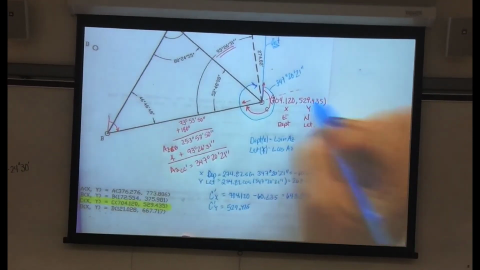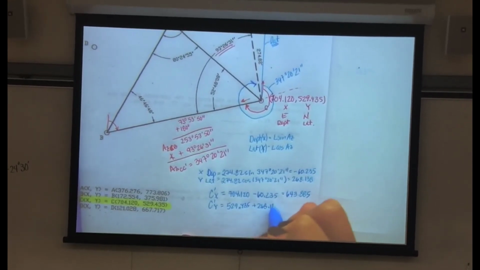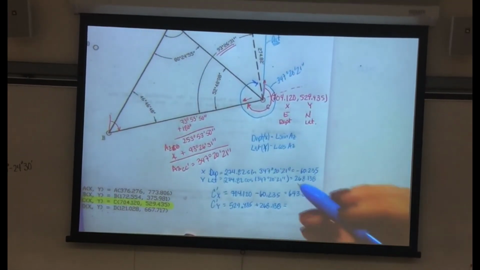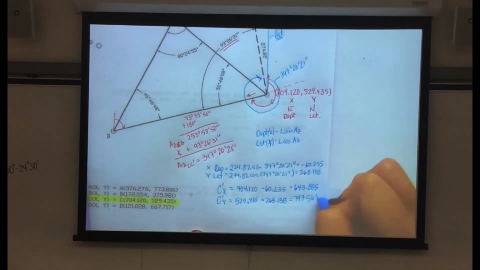My y value for C prime is 529.435 plus 268.138, my latitude, which gives me 797.568.